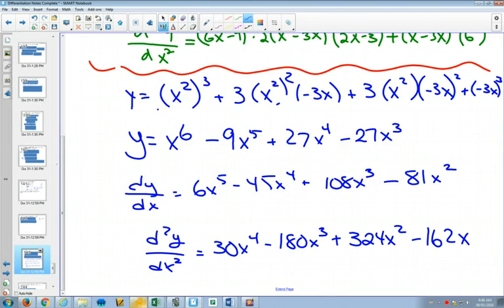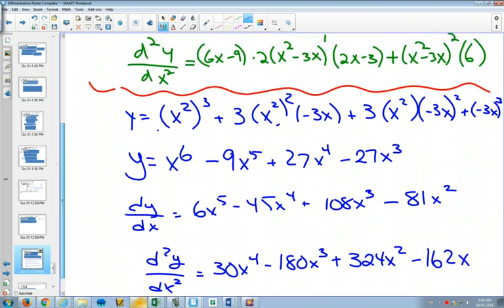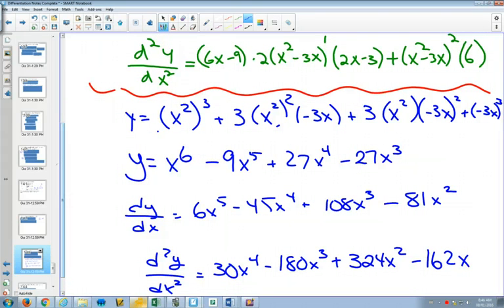So if we expanded our answer that we got in the green here, it should match with this, barring any mental math errors that I made in the last 10 minutes.